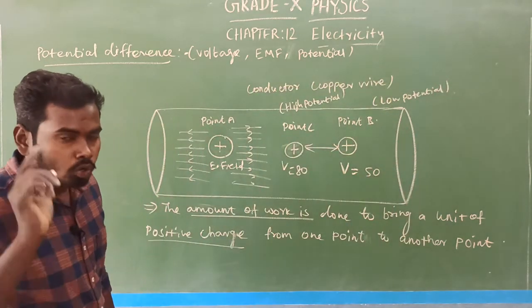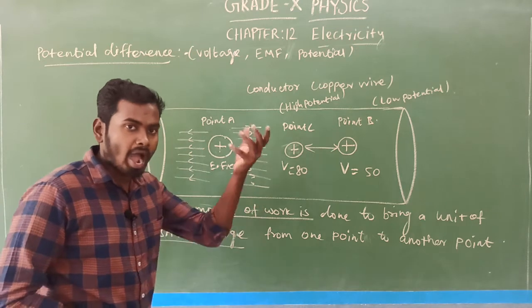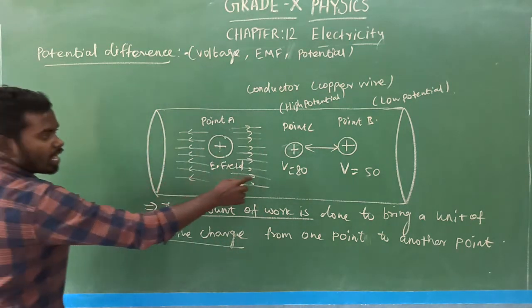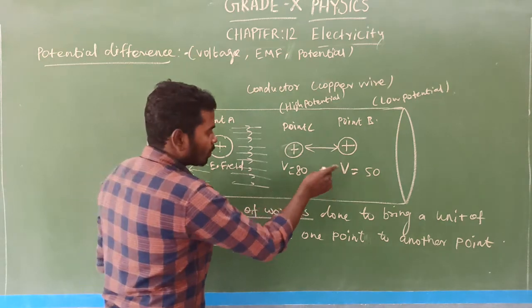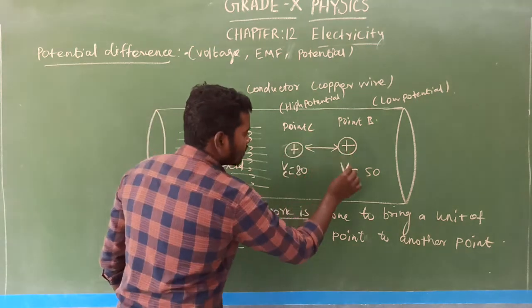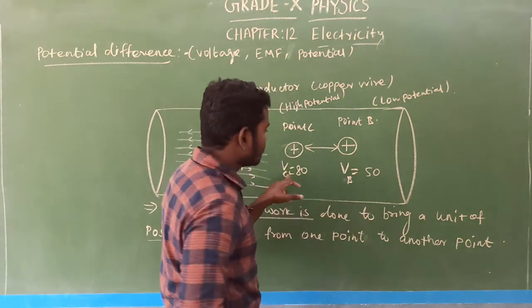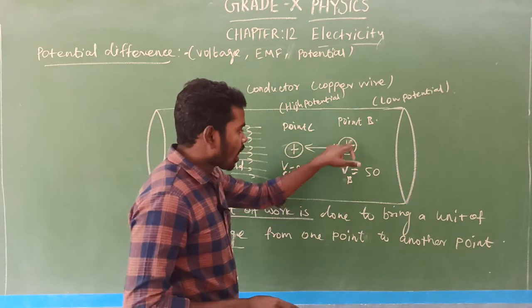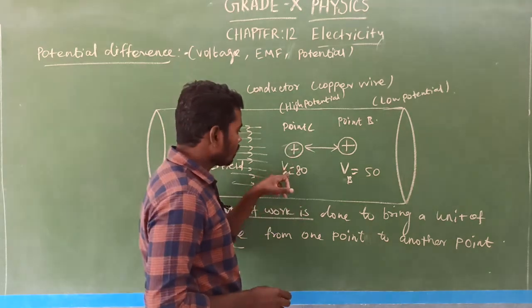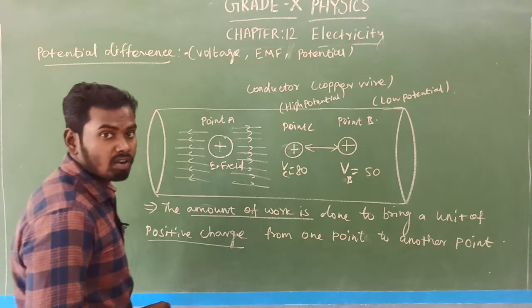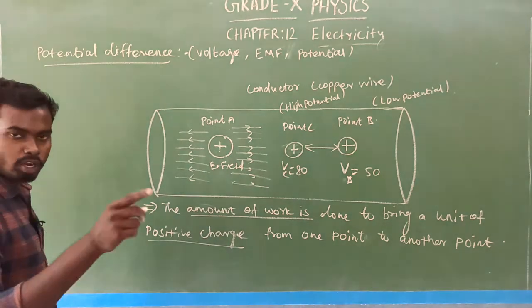We always, note this point, subtract from high potential to low potential. Here, which is high potential? This is VC and this is VB. V means the potential: VB is the potential at point B, and VC is the potential at point C. So we always subtract from high potential to low potential.